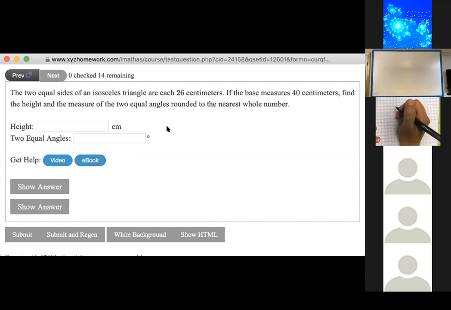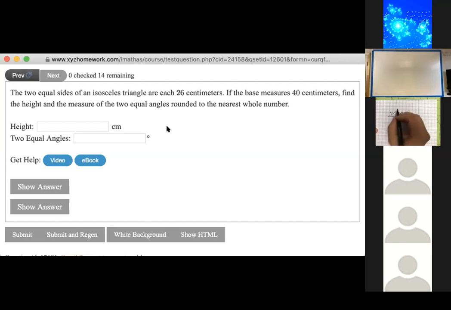The 2 equal sides of an isosceles triangle are each 26 centimeters. If the base is 40 centimeters, find the height and the measure of the 2 equal angles rounded to the nearest whole number. Okay, so let's draw this. I'm going to try to draw it like that, and then I'll try to label it. 26, 26, 40.